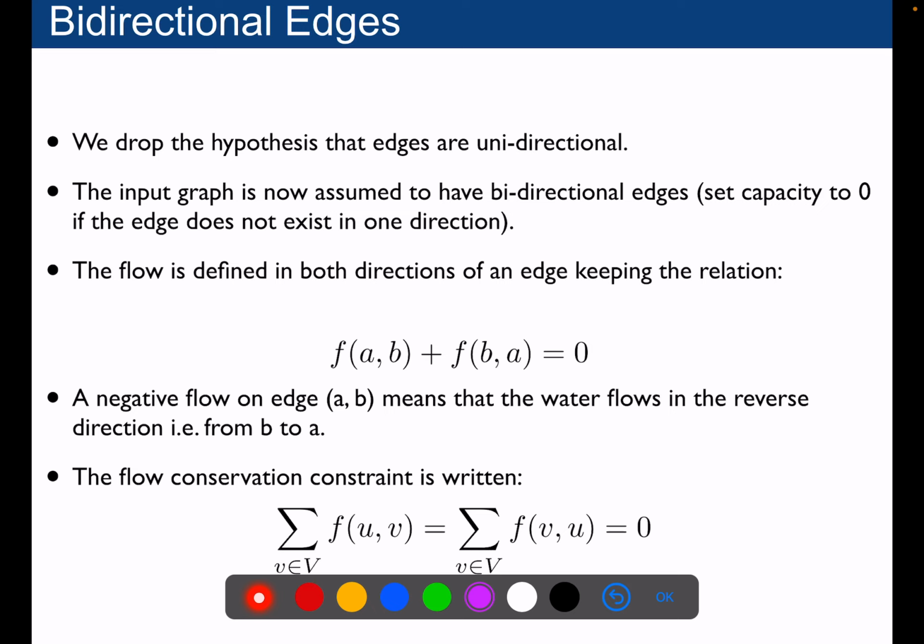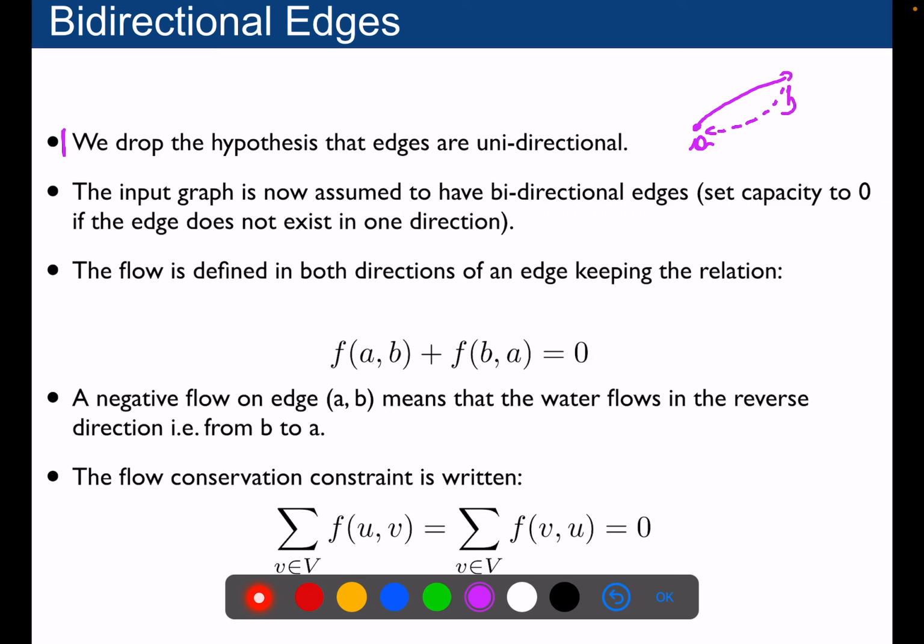So far we assumed that we had unidirectional edges, right? If you have the edge from A to B, we assume that that one did not really exist in the graph. We can drop that hypothesis easily, okay? We can assume that the input graph also has bidirectional edges. And we set the capacity to 0 if the edge does not exist in one direction.